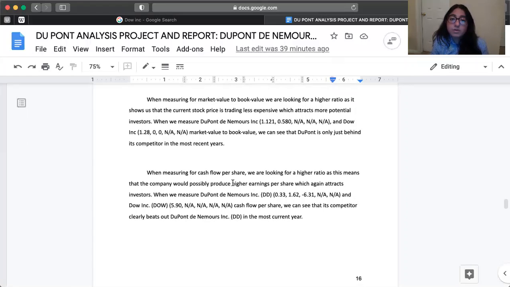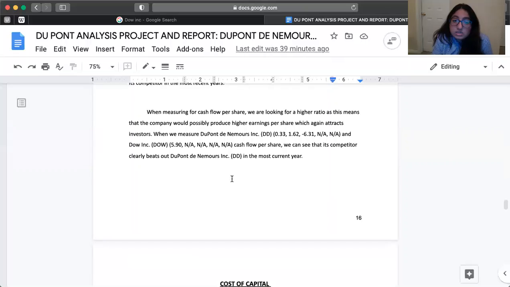When measuring for market value to book value, we are looking for a higher ratio, as it shows us that the current stock price is trading less expensive, which attracts more potential investors. When we measure DuPont and Dow market value to book value, we can see that DuPont is only just behind its competitor in the most recent years.